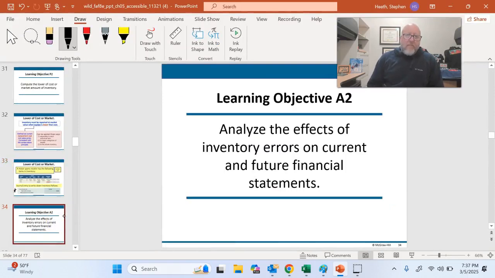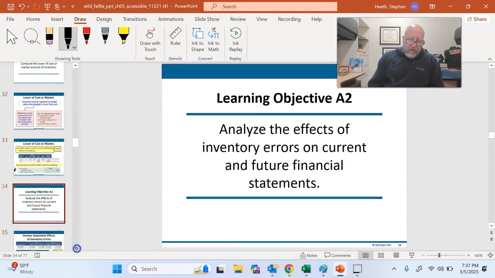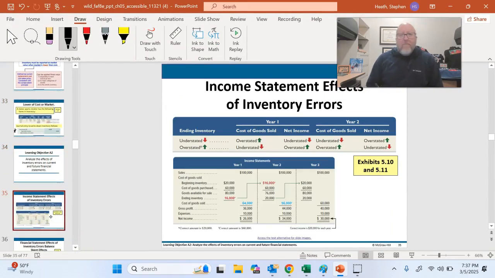Okay. How about the effects of inventory errors? This is kind of an interesting concept, and I'll go through it briefly and then we will call it a day on this video. Okay, so here I have an income statement, and the income statement is breaking out the inventory account, right? If I think about the inventory account, it's a T account, just like all the others.